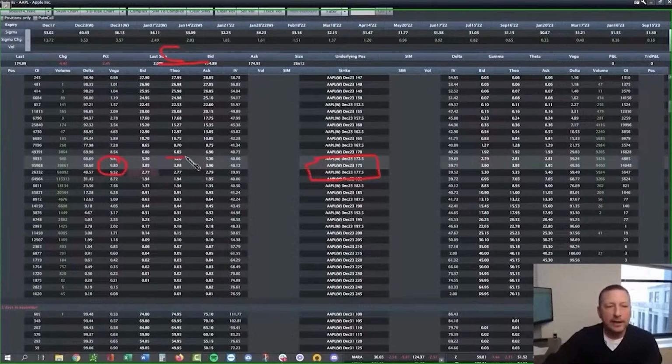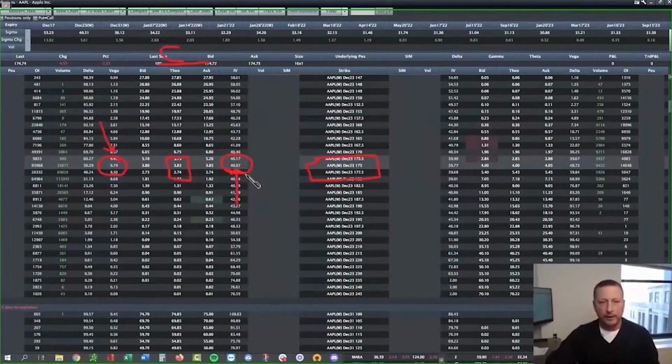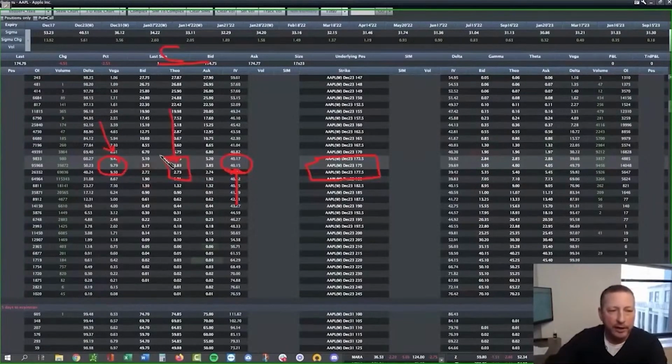Right now, we can see the current price of the December 23rd 175 call option is about $3.88. The implied volatility of that option is about 40%. The vega is almost 10. If I adjust this implied volatility by just 1 point, up or down, we should see the value of this option right here change by roughly 10 cents.